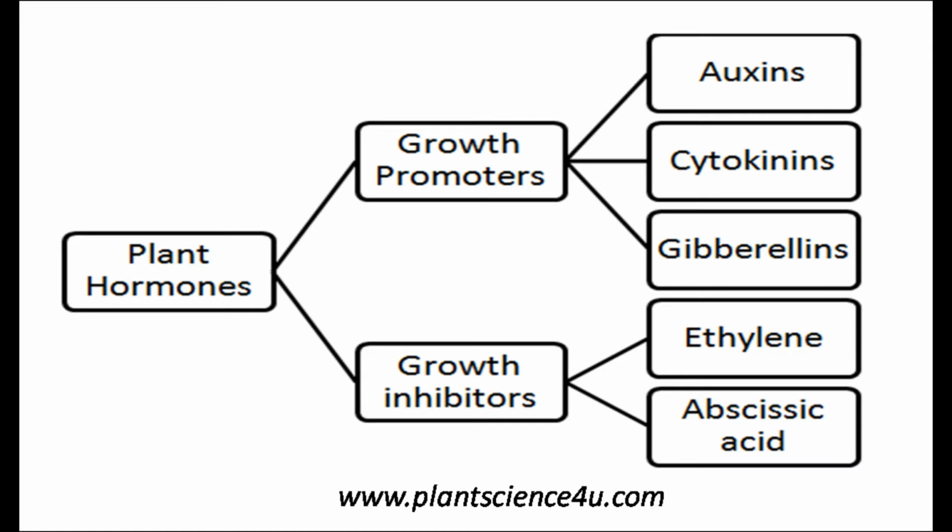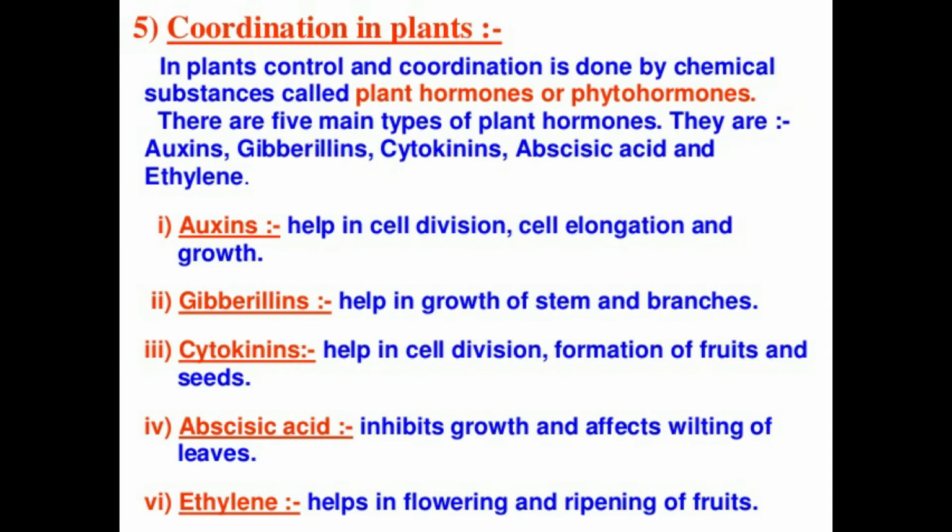Thus, growth and movement in plants are regulated by both external stimuli, which are provided by the environment, and internal factors like hormones. Hormones are released by the stimulated cells and diffused all around the original cell.